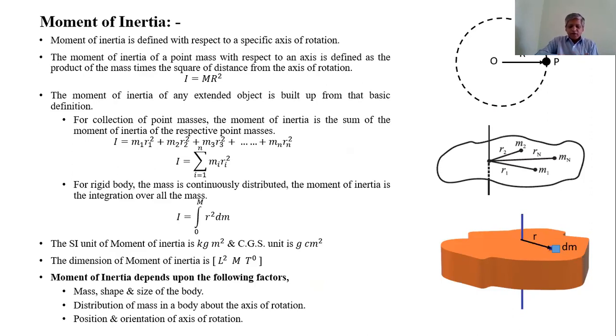If we consider the axis of rotation along these directions, the moment of inertia is different for different positions and orientations of the axis of rotation. The moment of inertia depends on these factors.